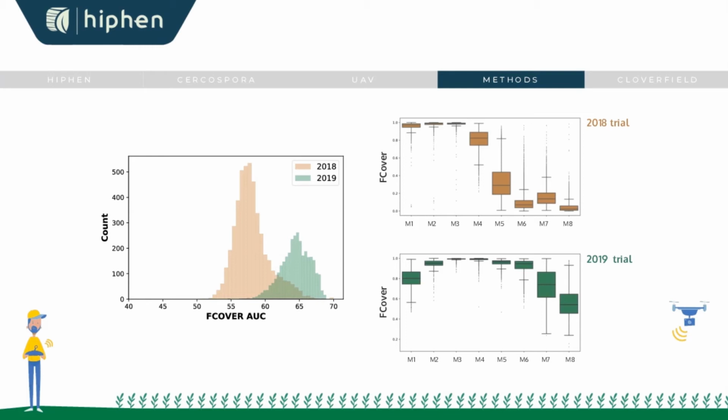We can see, for instance, that in 2018 the infestation was very different to 2019. This is surely due to different weather conditions, but we can really go to this level of analysis year on year, which is very interesting and can provide another level of insights and value to breeders.